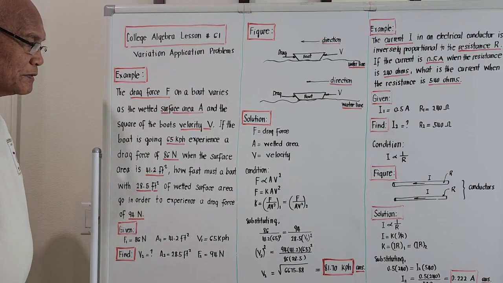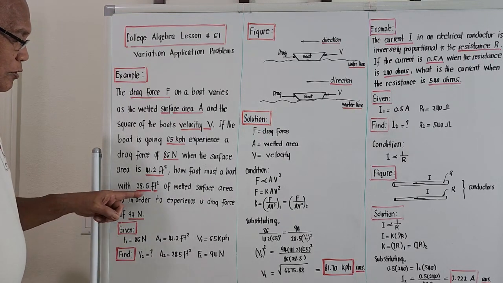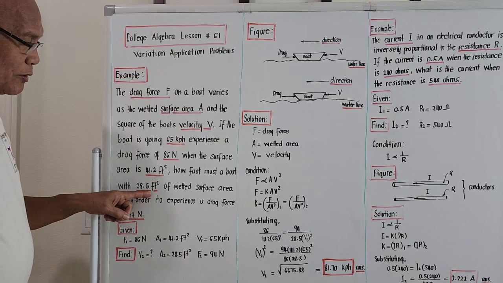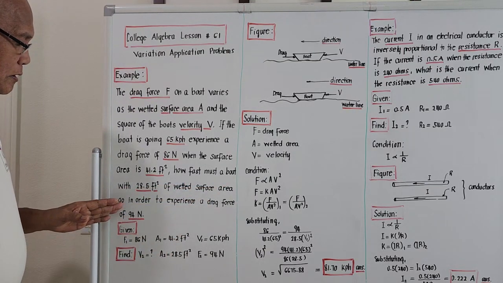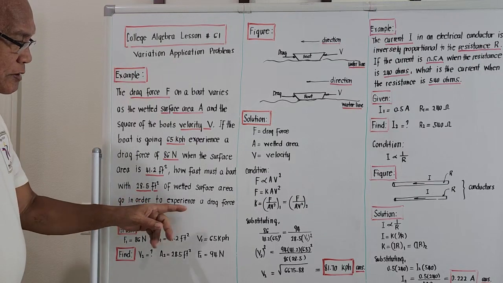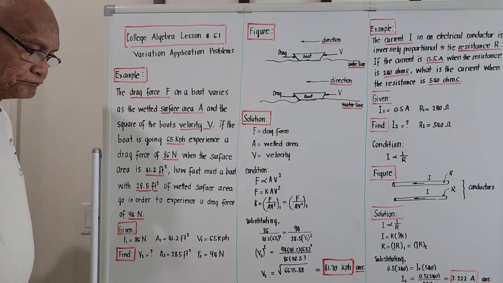How fast must a boat with the weighted surface area of 28.5 square feet go in order to experience a drag force of 94 newtons?